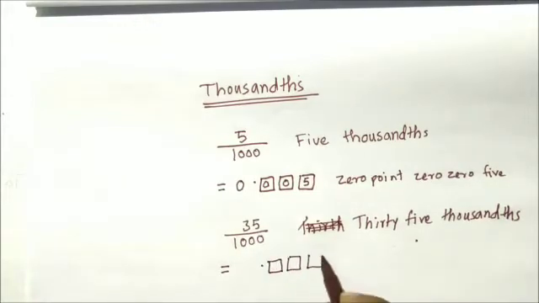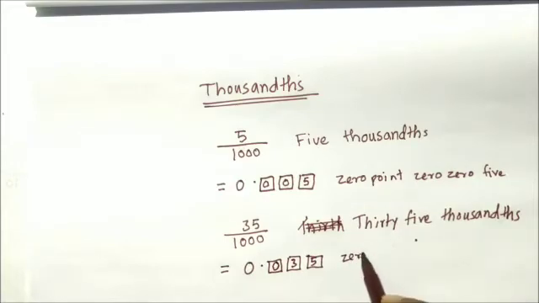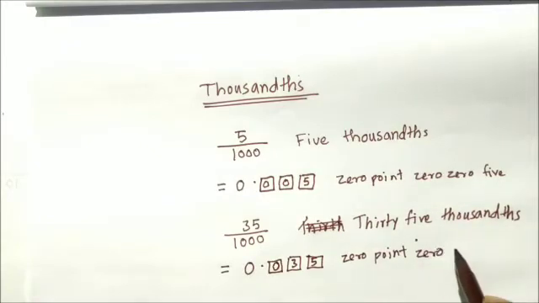Yes, 3 places, right? But we need to put the 35. So what we will do, we will put a 0 here, and 35 will be put here. So we will read it as 0 point 0 3 5, right?